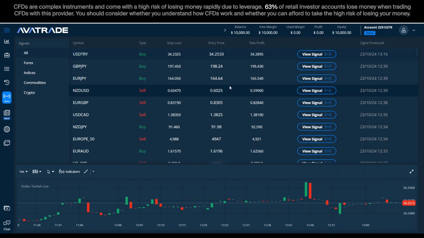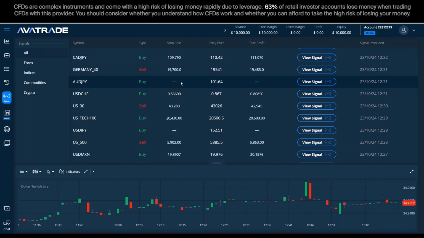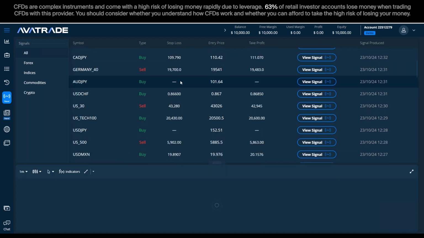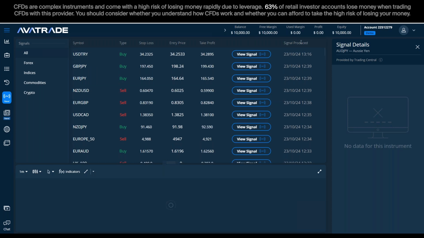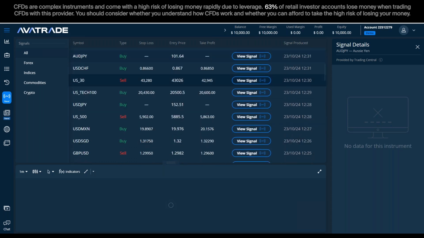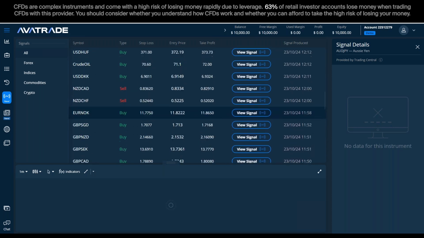And sometimes when you're going to use the signals, if you scroll down, you see that this area here is blunt. Okay, the stop loss and take profit. And why? Because the analysis that was done on this signal is not valid anymore. Okay, the signal is produced with a certain agenda, with a certain analysis.